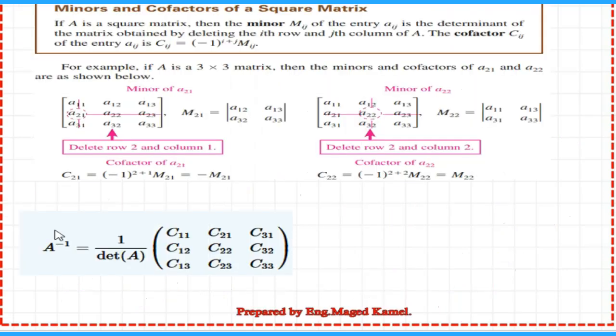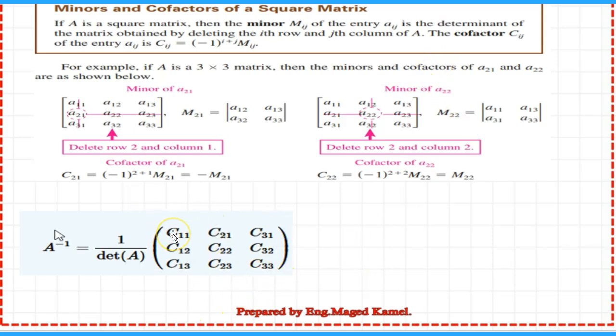In order to get the inverse of any matrix, especially if it is 3 by 3, we will use this expression. The inverse of a matrix is 1 over the determinant of matrix A, times the cofactors C11, C12, C13, C21, C22, C23, C31, C32, C33, arranged column wise.